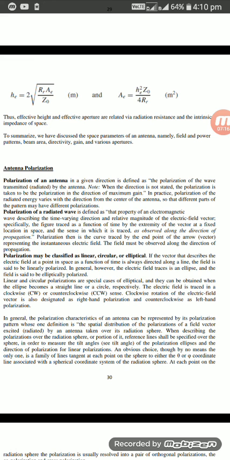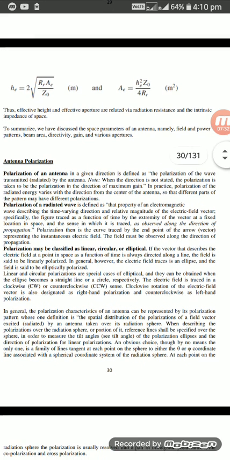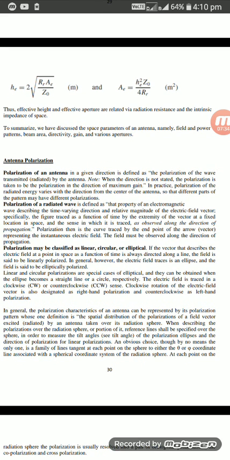The polarization of the radiated wave is defined as the property of the electromagnetic wave describing the time varying direction and relative magnitude of the electric field vector, specifically in the figure traced as a function of time by the vector. Next, polarization is classified into linear, circular, elliptical. So polarization is classified into three types: linear wave, circular wave, and elliptical wave.